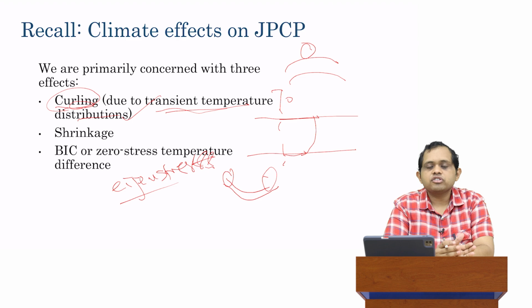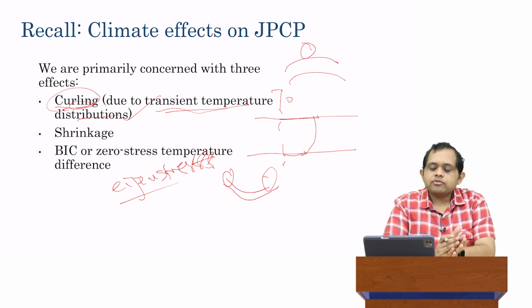One of the main assumptions in Kirchhoff-Love plate theory is that transverse shears are not admitted in the solution, and this theory has been fairly well validated to explain the behavior of rigid pavements quite well. So if transverse shear is not allowed, we cannot have a cross section which is no longer plane after bending.